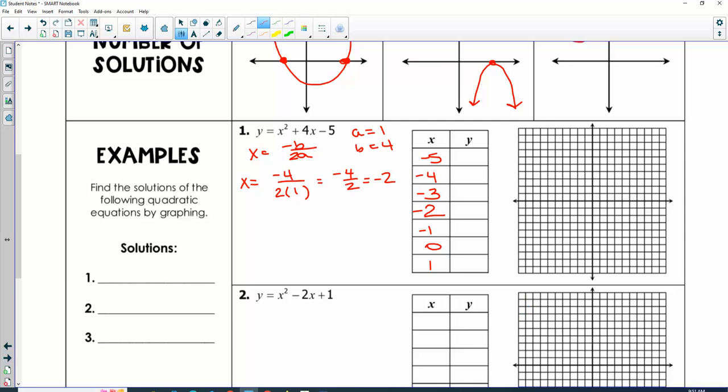All right, and to get the y's, we know we just plug them into the equation. So you ladies do negative 5. You two do negative 4. Esther and Aiden do negative 3. Negative 2. Kayla and Noah put in negative 1. You two do 1, and I'll do 0. So plug in your number.